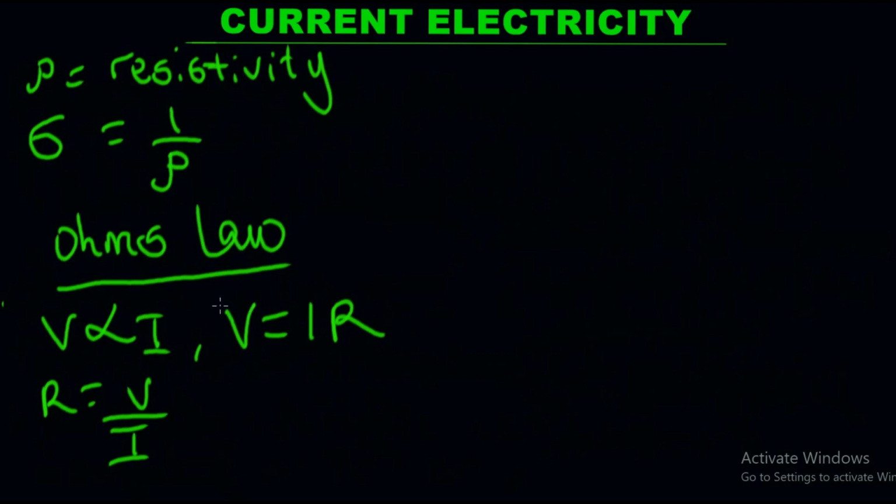If your voltage increases, the current also increases, assuming constant resistance. And if your resistance increases, the current decreases, assuming our voltage is constant. So a high voltage and a low resistance result in a high current, and a low voltage and a high resistance result in a low current.